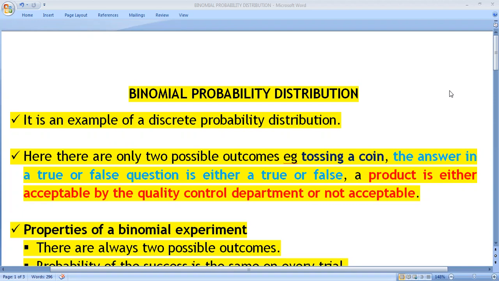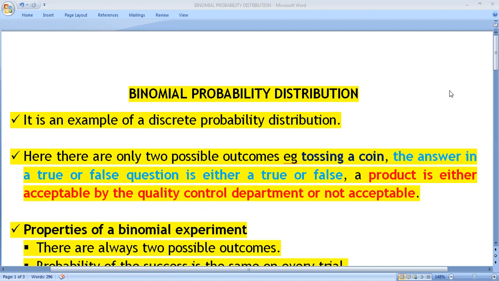That is also an example of a binomial experiment. A college graduate applies or does not apply to a graduate school. All those are examples of binomial experiments. So there are always two possible outcomes in such experiments.